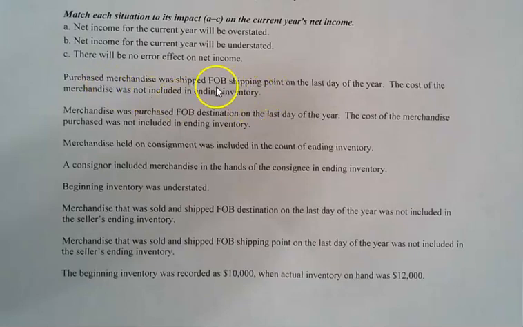Well, if you recall our discussion about FOB shipping point and destination, because it was shipped FOB shipping point, at the moment that it ships, whether it has arrived at our company headquarters or not, and if it's done on the last day of the year, it's probably not going to arrive, we have to include that in ending inventory.